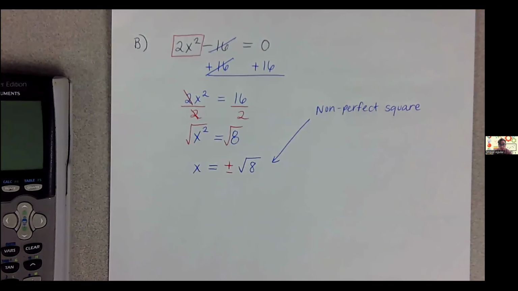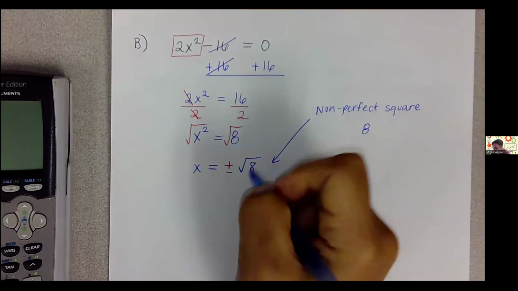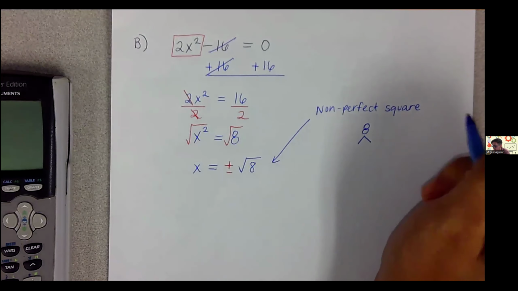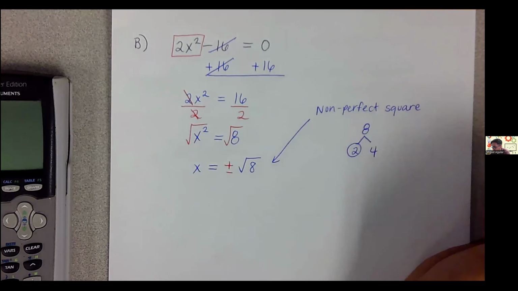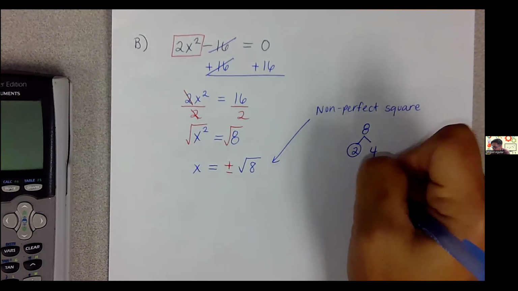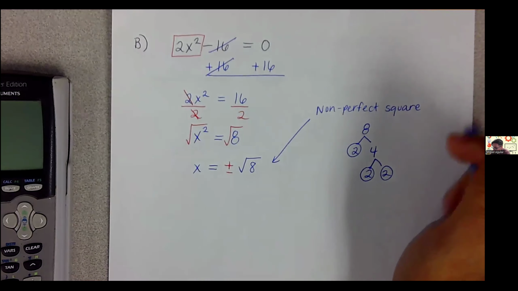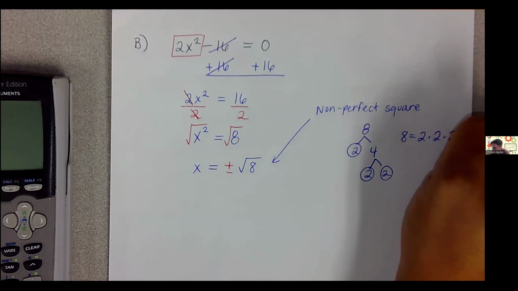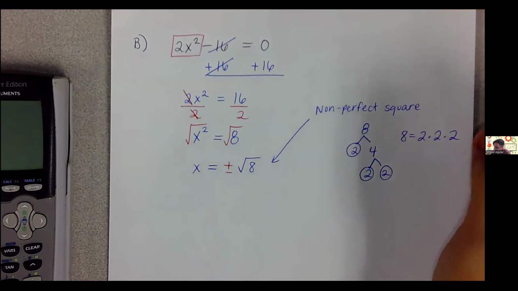If you recall from the video on simplifying radicals, what we need to do here is take our radicand, which is 8, and build a prime factor tree so that we can get the prime factorization. So 8 is made up of 2 times 4, where 2 is a prime factor, and 4 can be broken down into 2 times 2, and there we have nothing but primes. So 8 is equal to 2 times 2 times 2. But since the square root has an index of 2, we're trying to cancel out anything to the second power.